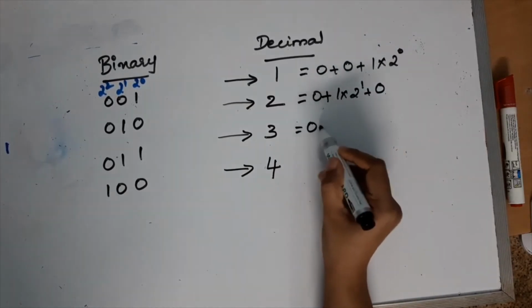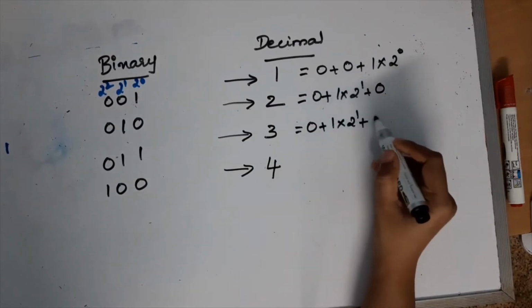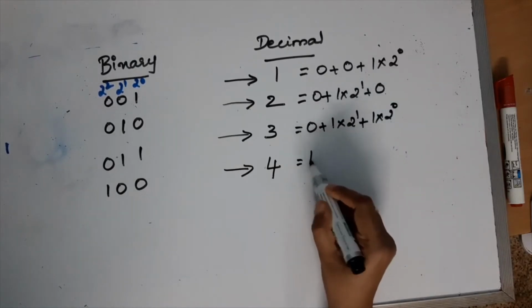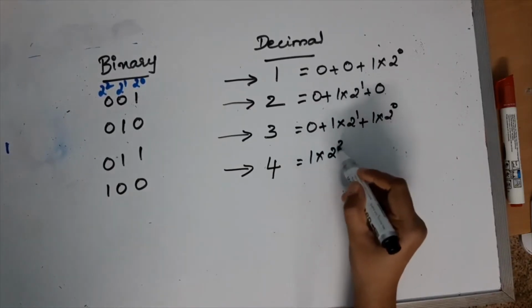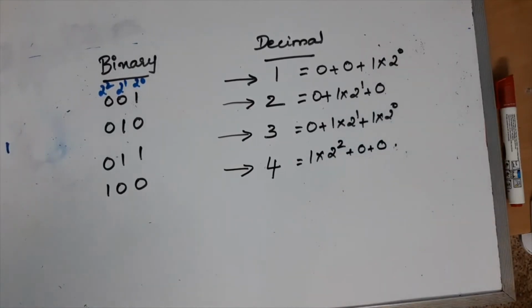This is 0 plus 1 into 2 raised to 1 plus 1 into 2 raised to 0. This is 1 into 2 raised to 2 plus 0 plus 0. So this is how you convert binary to decimal.